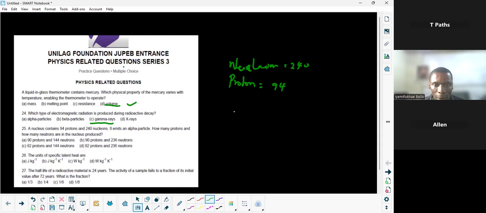Now in alpha particle radiation, we have X here as your mass number, Y here as your atomic number. If a radioactive decay produces some product, the product has its mass number reduced by 4, while the atomic number is reduced by 2.